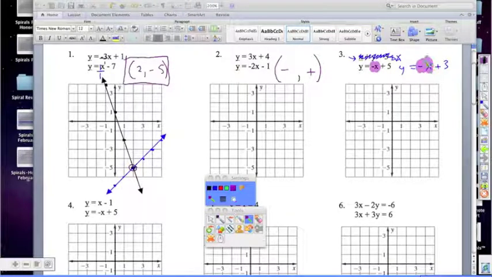And in lesson 7.5 we talked about special solutions. If they have the same slope, it gives something away for you. So that's your hint on number 3.